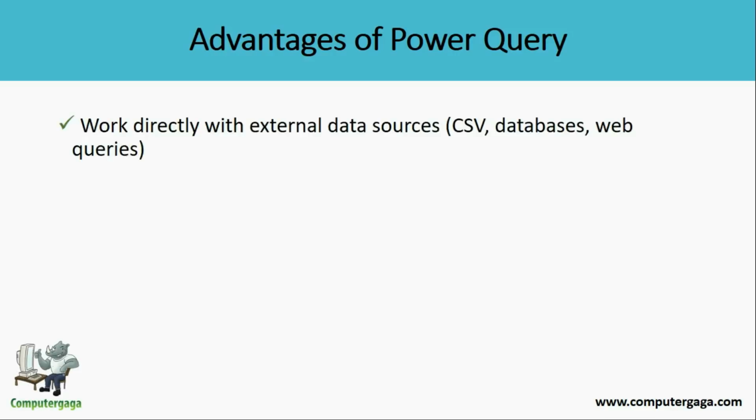And I guess the key one is the ability to work directly with external data sources when using Power Query. We do not have to dump that data into our spreadsheet before we can then write a formula to reference them and do what we're trying to do.